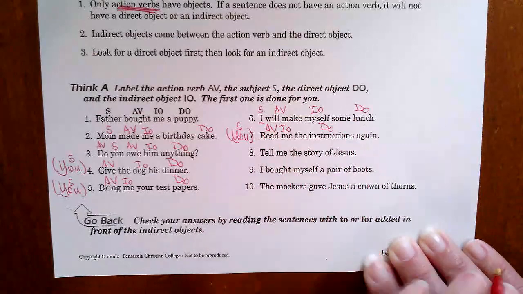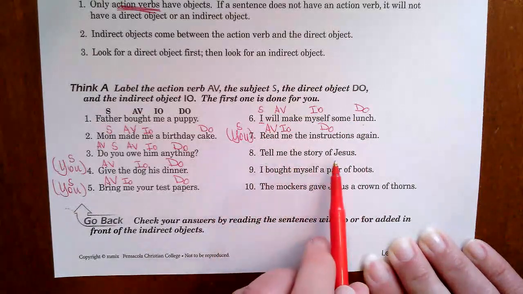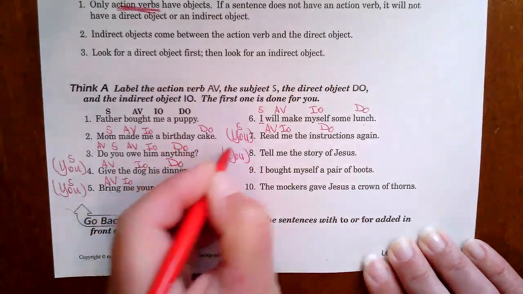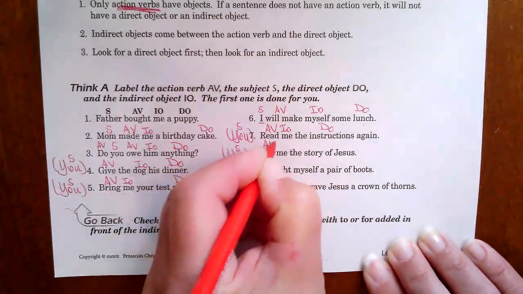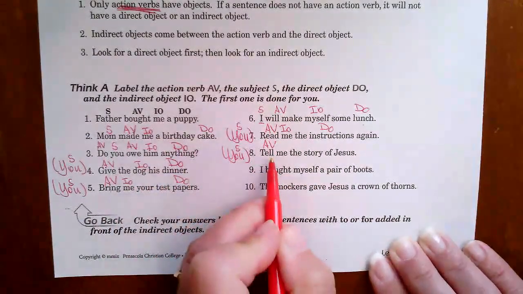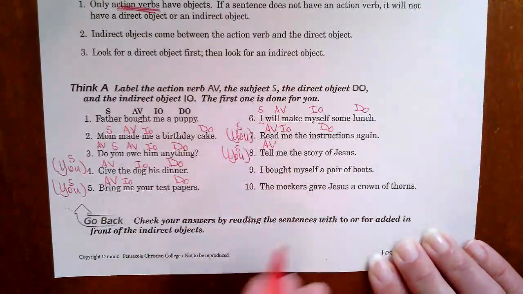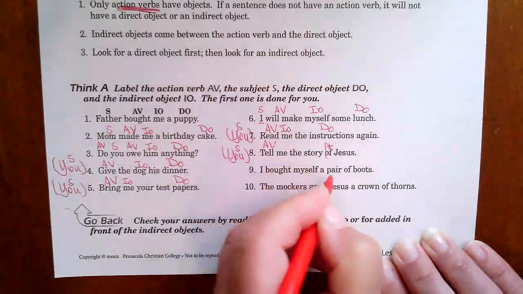Okay, 3 more. Tell me the story of Jesus. All right, I'm starting with a verb. It's an imperative. I'm being told to do something. We have another understood you. Okay, so that's our subject. You, action verb is tell. Okay, you tell. Let's freeze and see if we have any prepositions. We do. Of is a preposition. Of what?